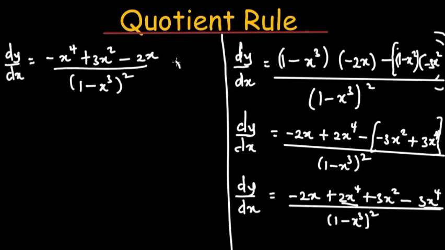Now you can decide to leave your answer like this depending on your exam. You can decide to simplify, expand this if you want. I'm just going to leave it like this. And this is the correct answer.